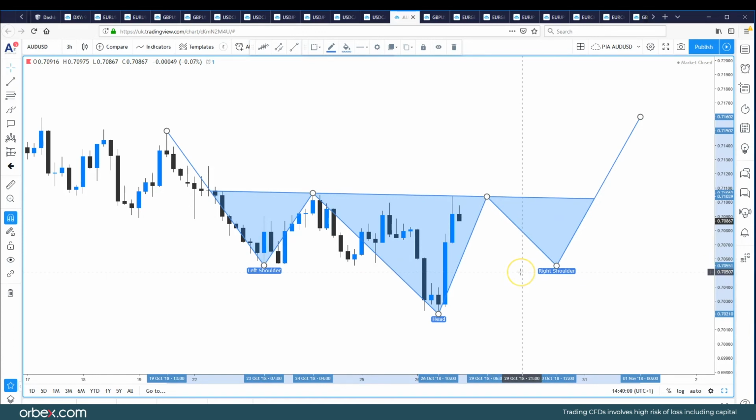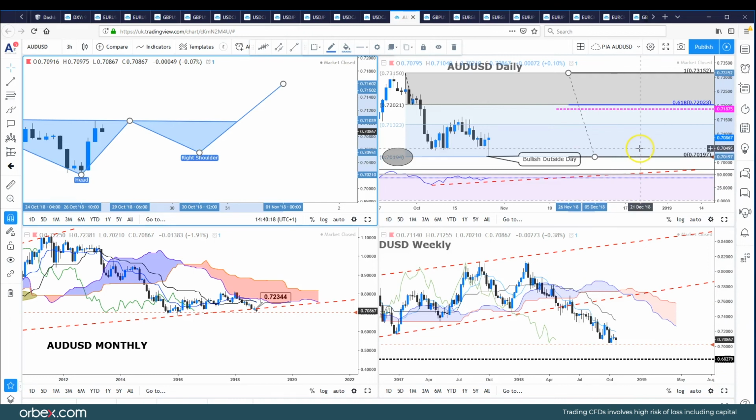Bespoke support will be around about 70.50. Previous support is around about 70.57. So a decent area to get long at the beginning of next week if we see that dip, and then obviously a projected move to the upside towards 71.90.